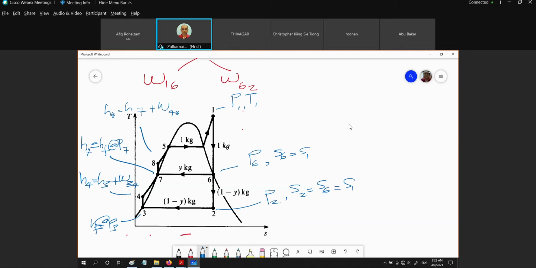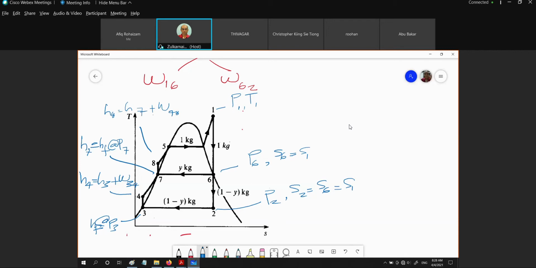Right. In this case, when we determine the enthalpy, please don't take care of the fraction, assuming everything is one. The flow is 1, the fraction is 1. Okay, you see that here? H4 is equal to H3 plus W34, where W34 is equal to V times (P4 minus P3).